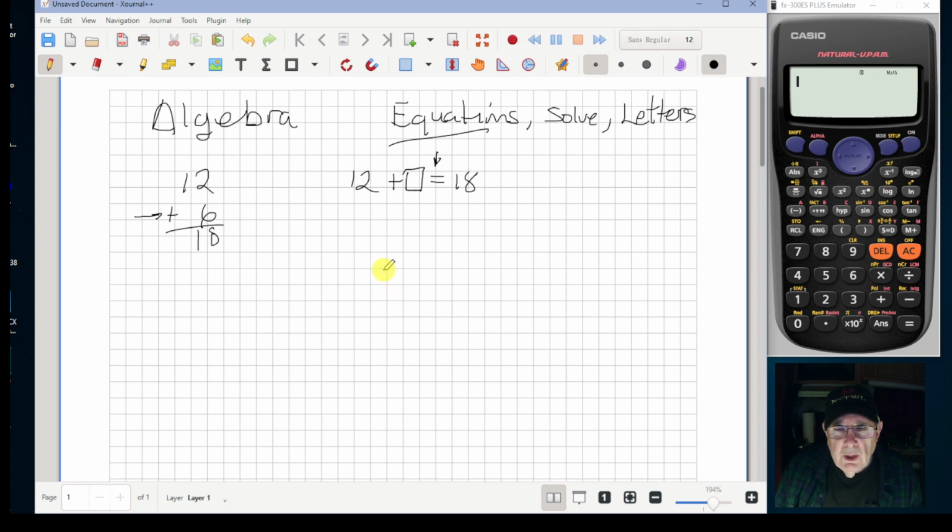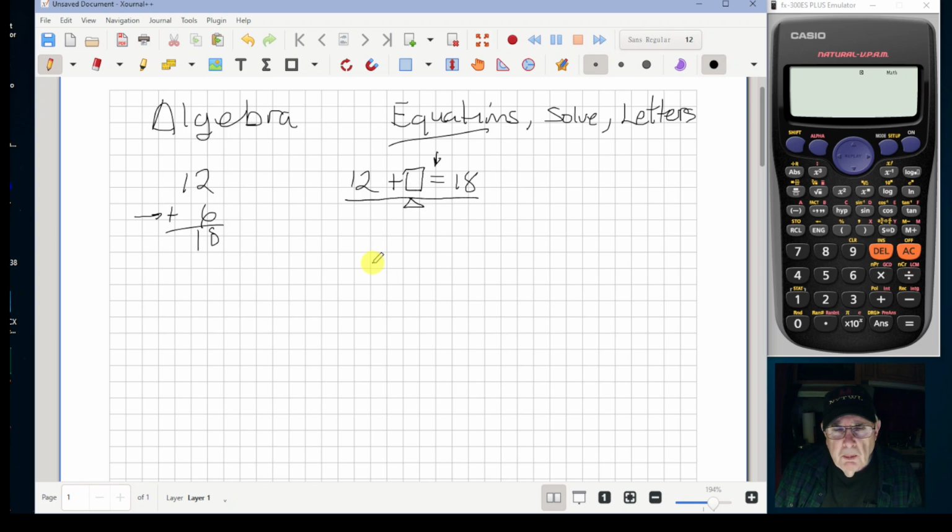And the first and biggest rule is this. First of all, think of this as kind of a balance. And it's in balance. This side equals this side, even though we don't know what this is yet. We are allowed to add, subtract, multiply, divide, or any other array of math operations and numbers.